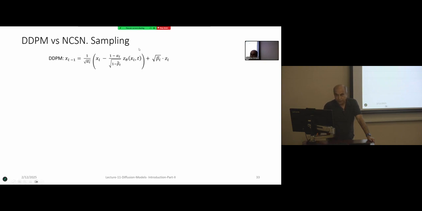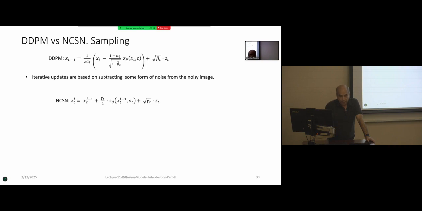Suppose we know z theta, we have learned it. Now we put in xt and t, and from there we generate xt minus 1, and we keep going until we have x0. So it's also an iterative process.